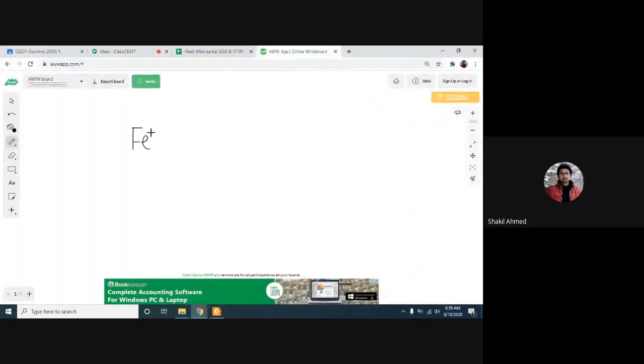Iron remains in water in ferrous form. This is aqueous. Okay, how can you remove it? If you oxidize this iron, then it becomes ferric, and this is actually solid form.